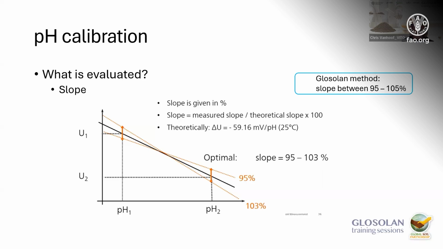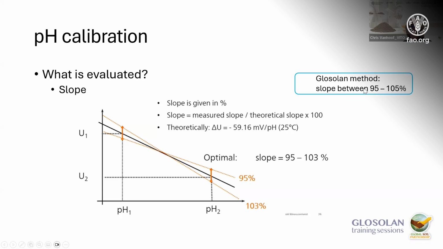If you measure at 20 degrees C and apply automatic temperature correction, then it will be corrected by your system itself to 25 degrees C and compared to the theoretical curve of 25 degrees C. And that's why the slope is also expressed in percentages instead of absolute value, because the absolute value is temperature dependent.